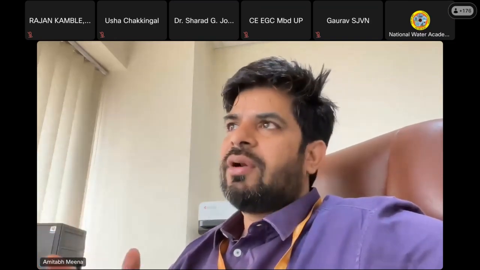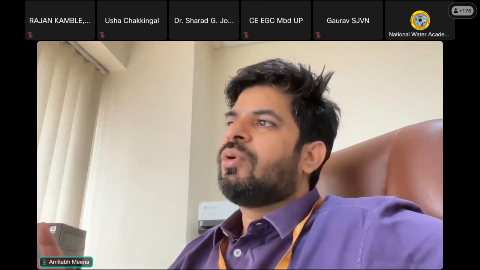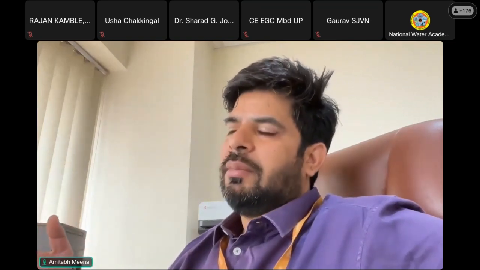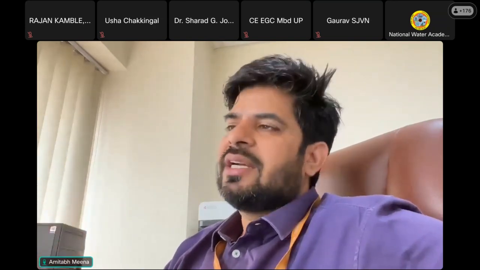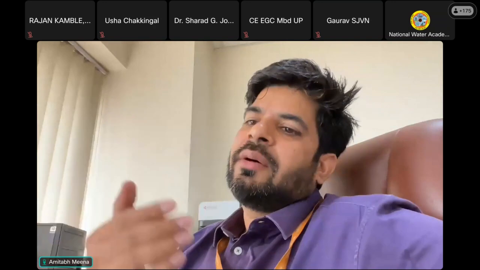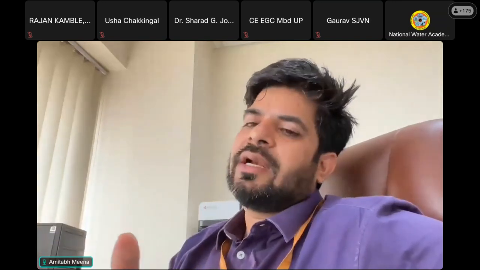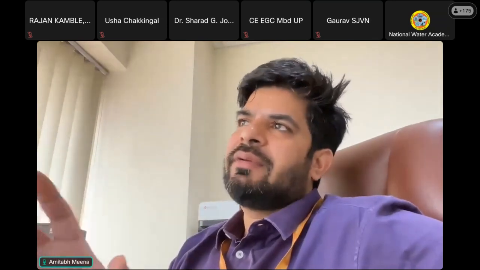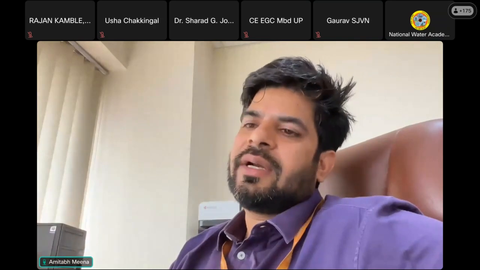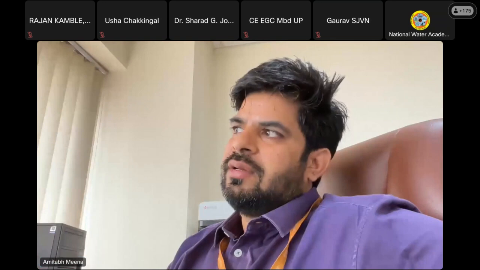So we have evolved this tool, which will guide which dams appear to be more risky, not based on the structure itself, but based on the population at risk also. Suppose there is some huge population or settlement downstream of the dam, so those weightages have been given in this rapid risk assessment, and based on that we do CDSE. Okay.